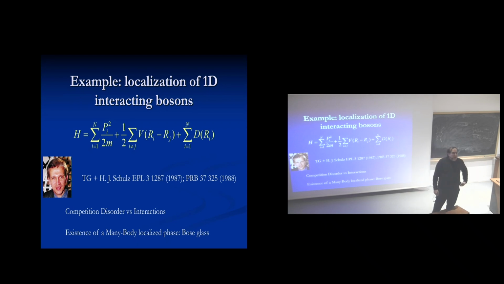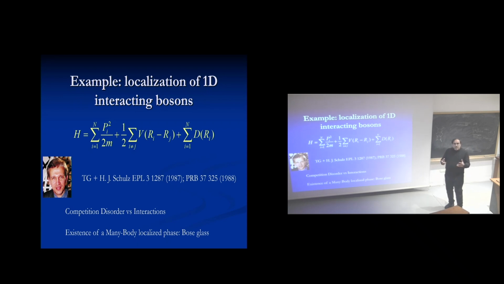This is the celebrated Anderson localization, which is now 60 plus years old. And for non-interacting particles, this is beaten to death. We know everything there is to know about this. For interacting particles, this is a huge challenge. What happens if we have both interactions and disorder?